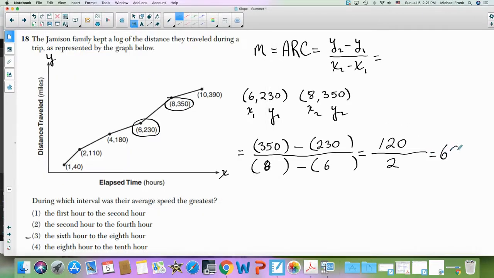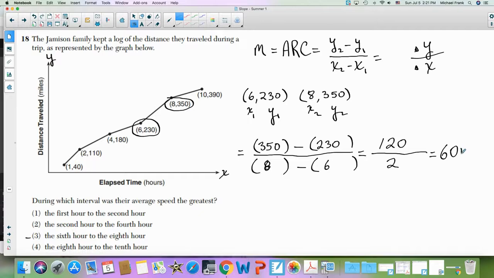60. Well, 60 what? Well, we know that when we're talking about the average rate of change in slope, we always put the y's, with a little triangle, how the y is changing over how our x is changing. It's always y over x. Well, what were the y's? The y was miles.